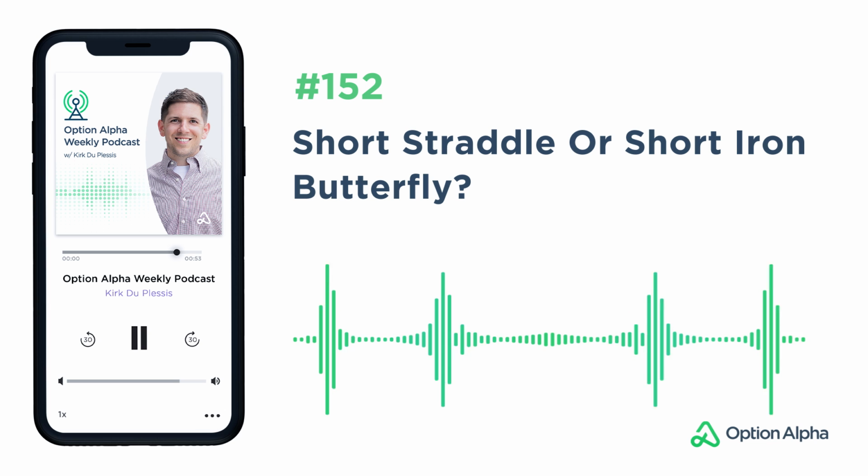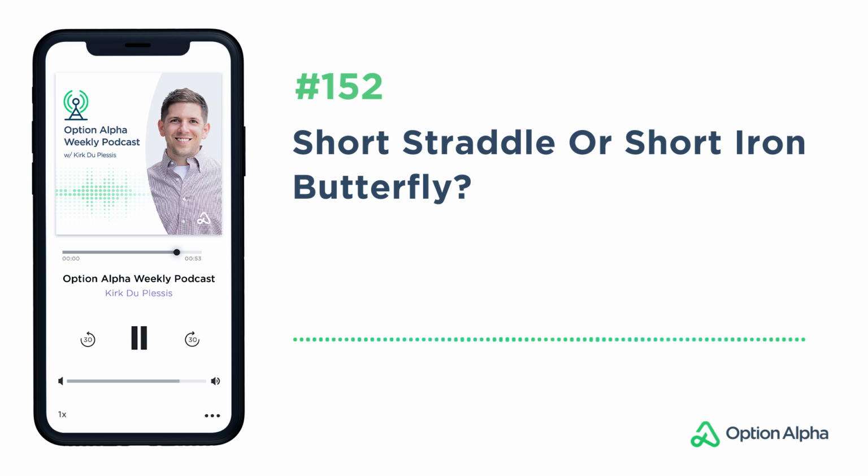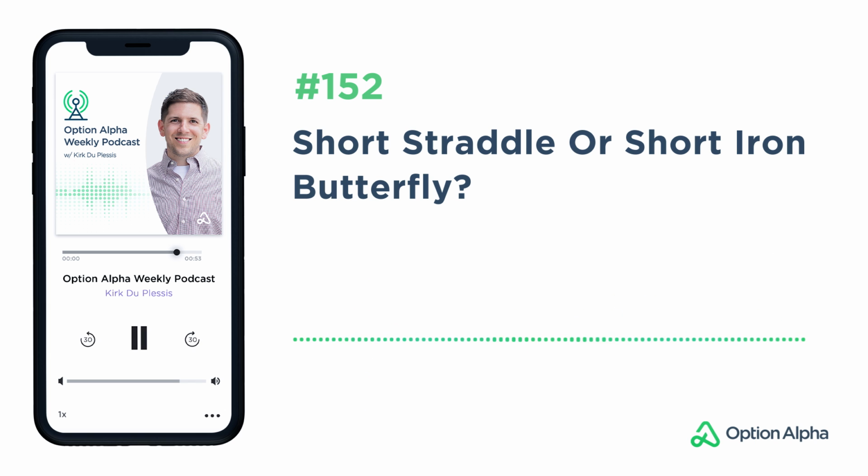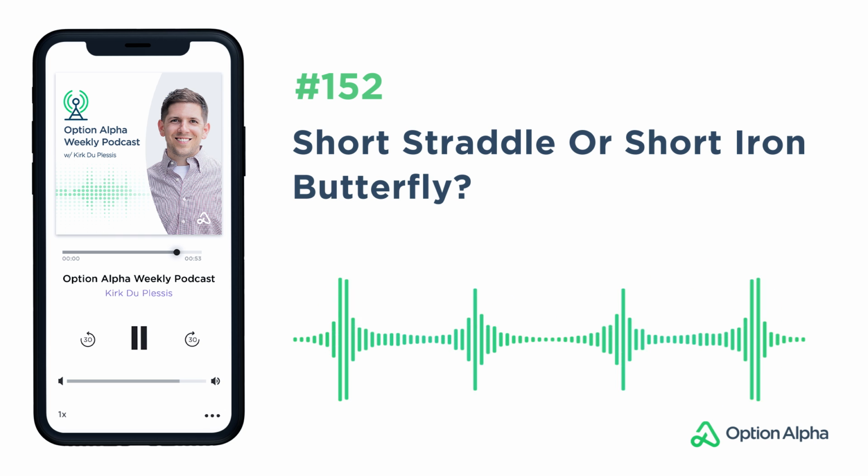So again, to use our example to make it really simple, if a stock is trading at $100, to create an iron butterfly, I would again sell the 100 strike call and sell the 100 strike put. And then I might go out and buy the 110 strike call option, and I might go out and buy the 90 strike put option. So I'm buying options $10 out on either end, and that gives me a defined risk position.